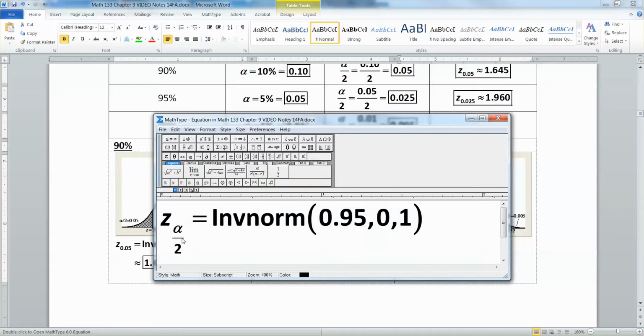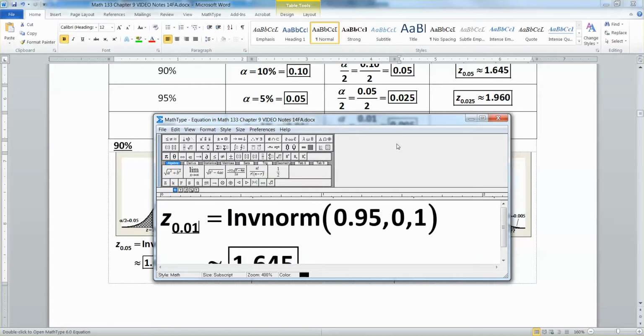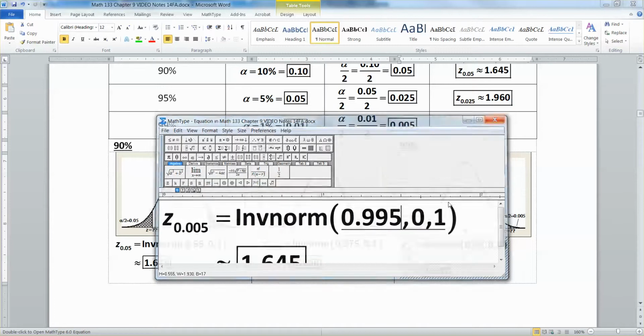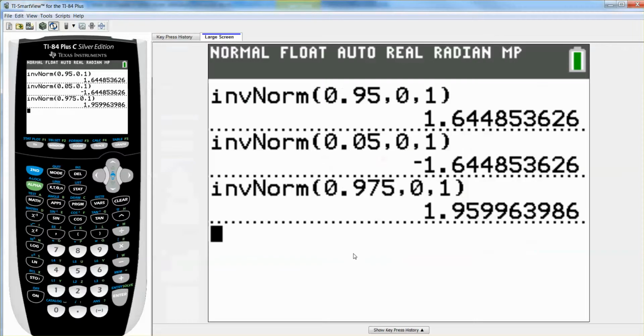This is going to be 0.01 because it's going to be 0.99. Oops, sorry, 0.005. There, like that. That's 0.995, like that. Okay, so let me find that.